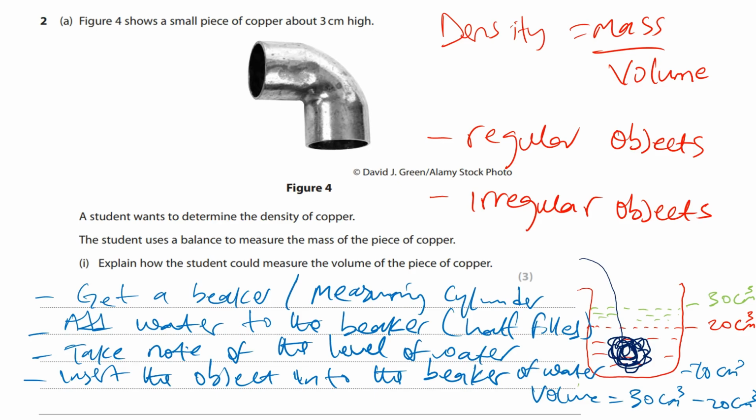Then take note of the change in volume of water, and then you subtract the initial volume of water from the final volume of water, and that will give you the volume of the object. So basically that is the concept, the idea behind answering this question. Hope that makes sense.